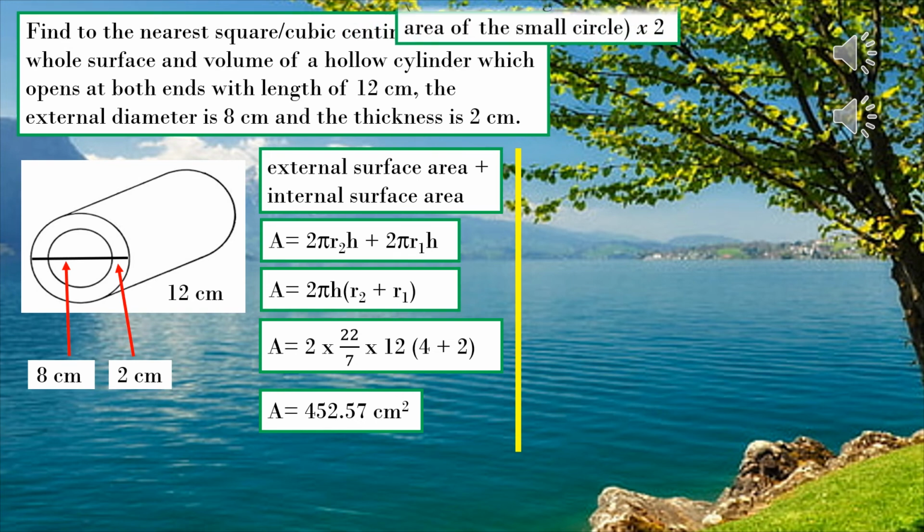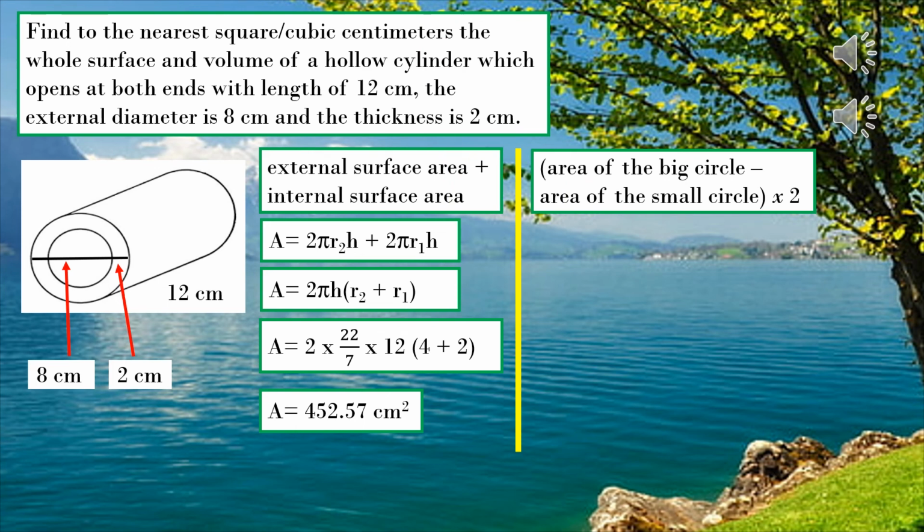Okay, circle, area of the big circle minus area of the small circle. Okay, why minus? Because we're just going to get the area of this. So this means the area of this big circle minus the area of this small circle, and then times 2.